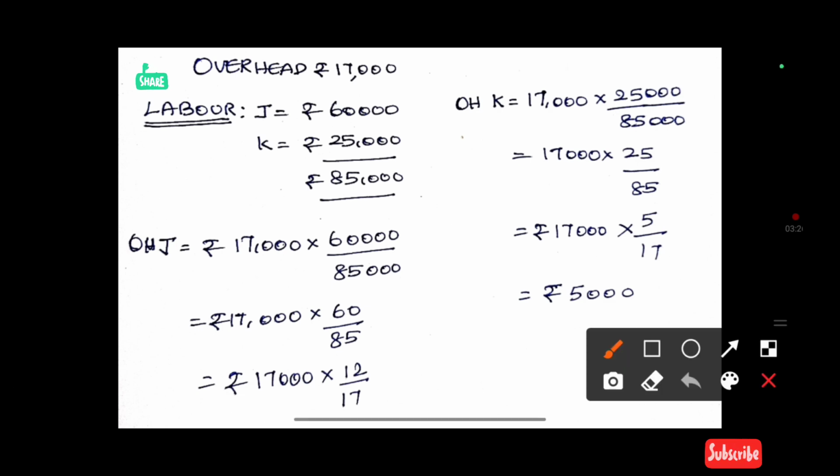To simplify, this 0 is cancelled with this 0, remaining 60 is to 85.